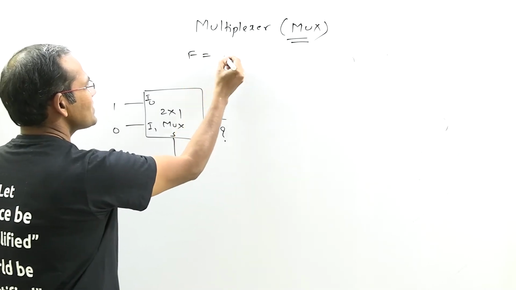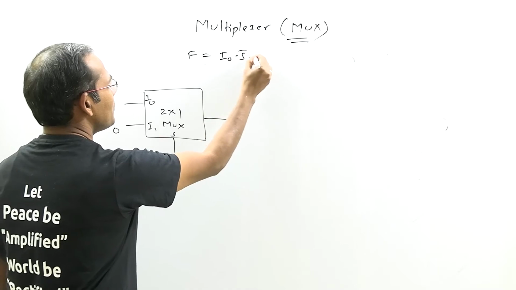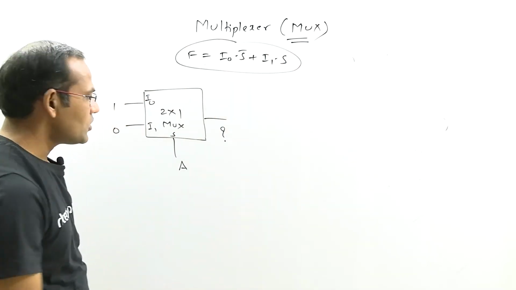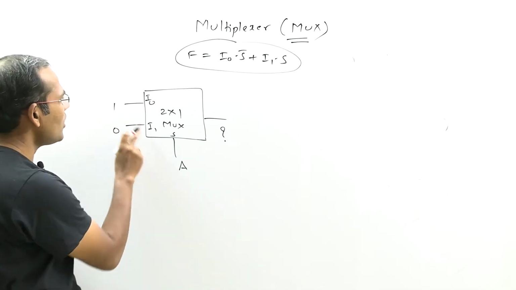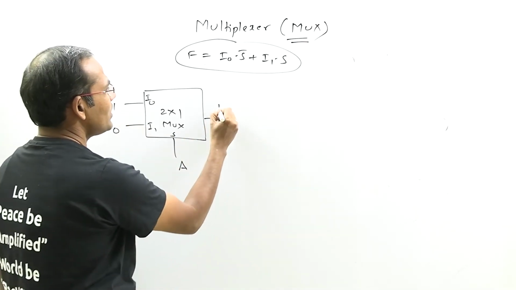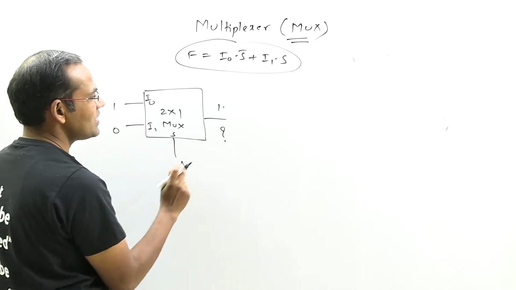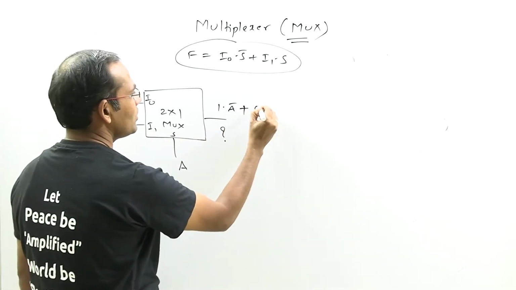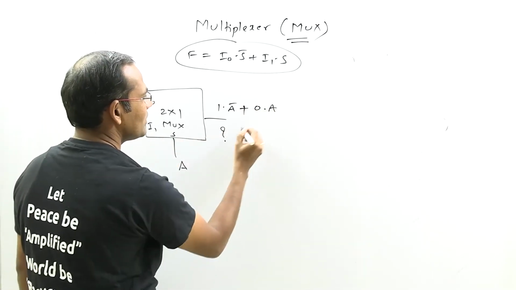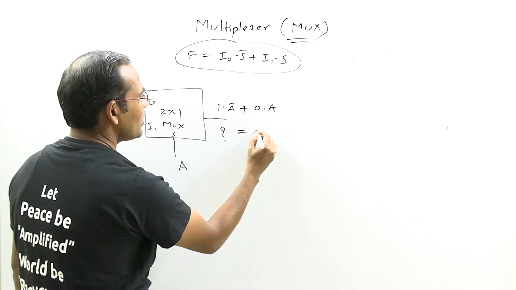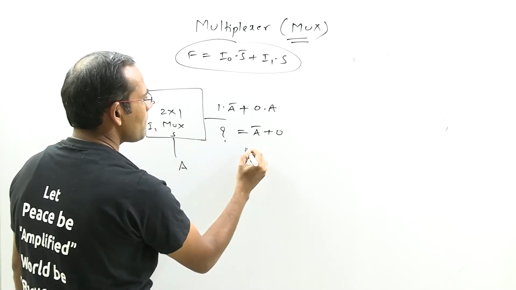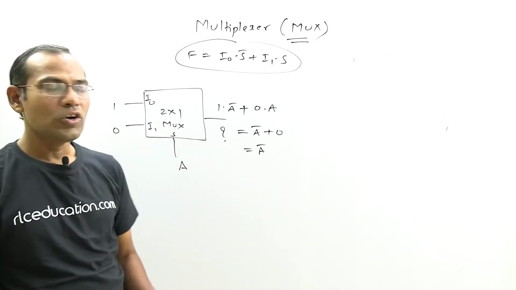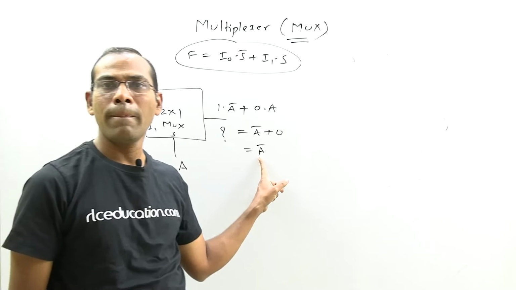Always the expression is I0 into S bar plus I1 into S. So here I0 is 1, so 1 into S bar. S is A, so S bar is A bar. I1 is 0, S is A. A bar into 1 is A bar, 0 into A is 0, A bar plus 0 means A bar. So if you observe, you are getting A bar.